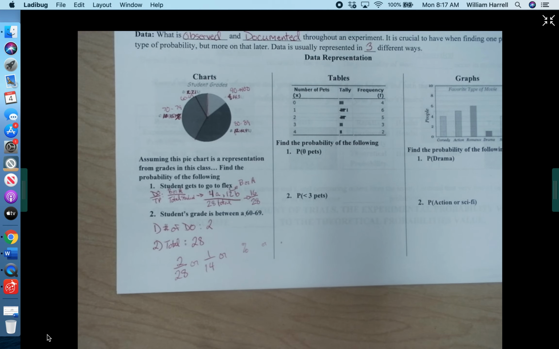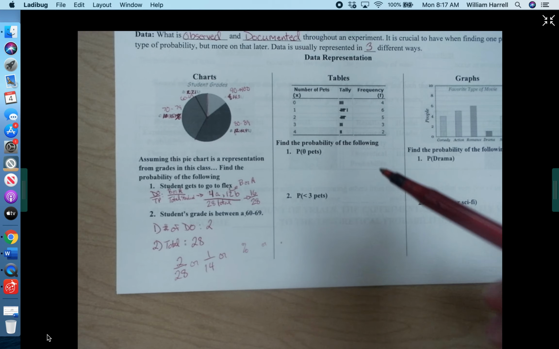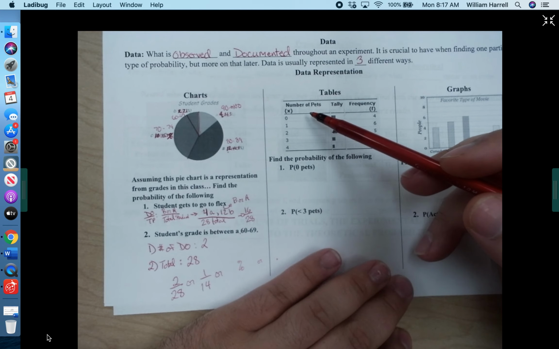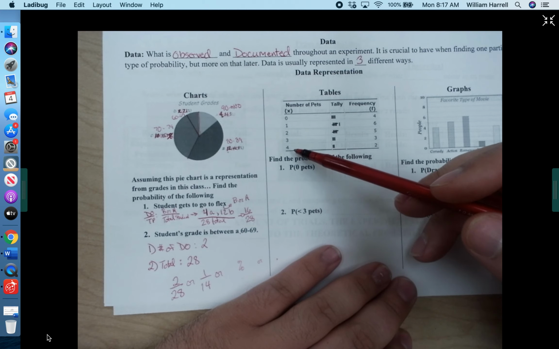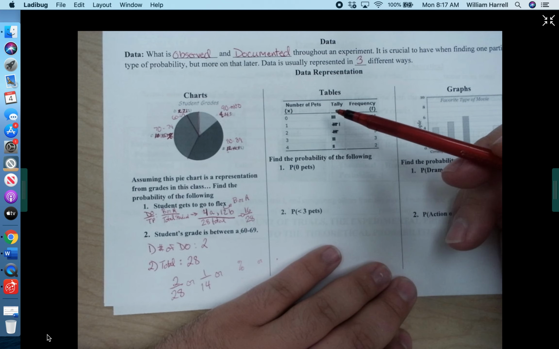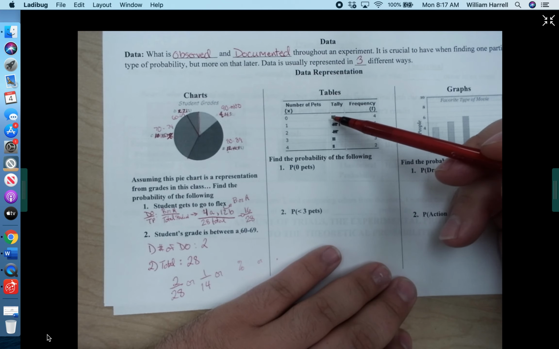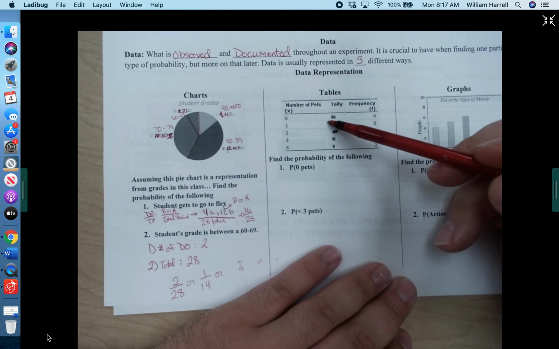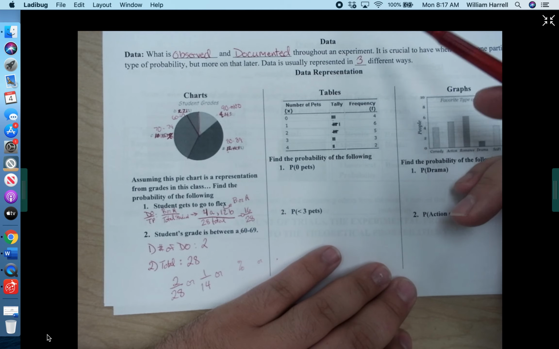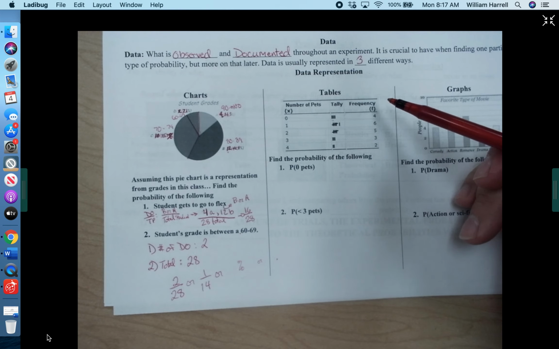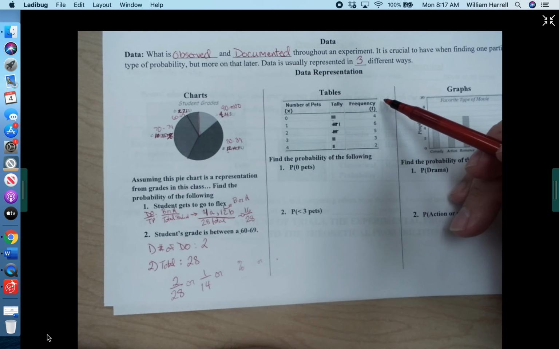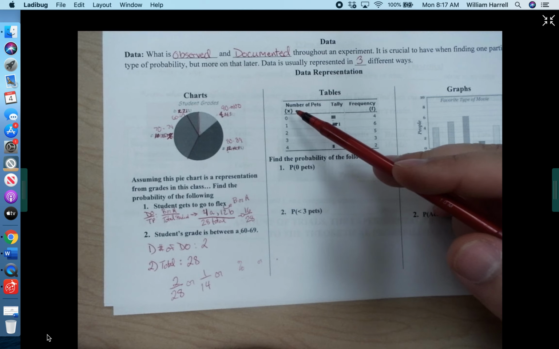Alright, so interpreting tables, reading tables. Over here on the far left, your number of pets, this is how many they have. Okay, so number of pets. Tallies is saying, okay, if one tally is here, that means one person has 0 pets. So you kind of read these tables right to left.